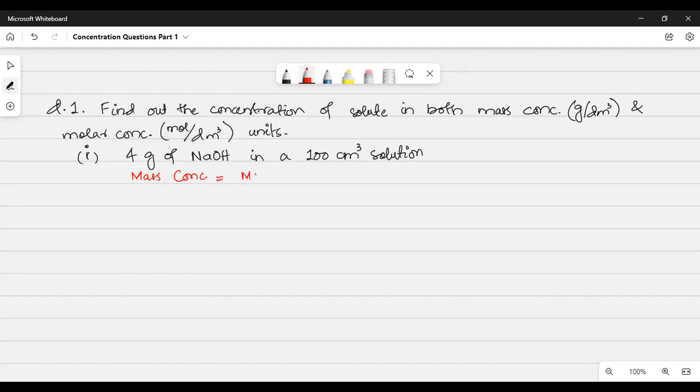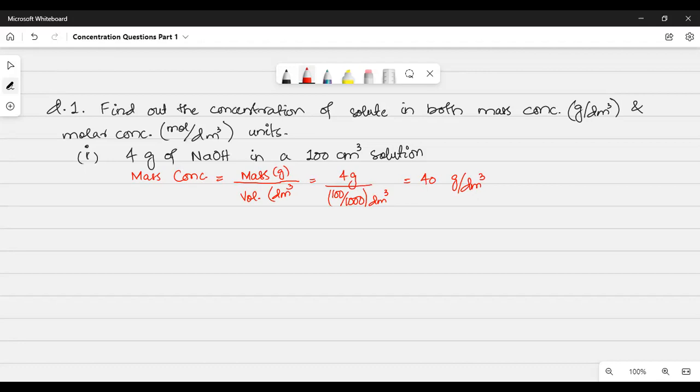You take the mass in the units of grams. You put up the volume. The volume has to be in decimeter cube. So it's really easy. 4 grams of it. And remember, since it's 100 cubic centimeter, you divide it by 1,000 to convert it into decimeter cube. So that's how it works. And it's going to be 0.1. So the answer would be 40 gram per decimeter cube.